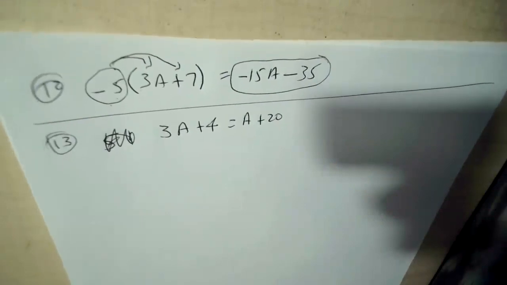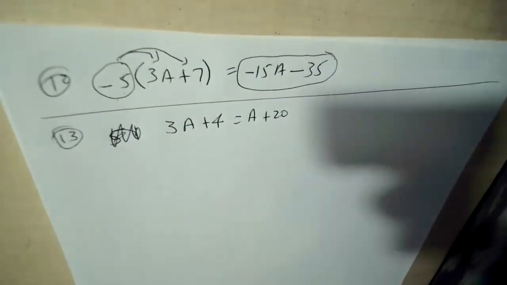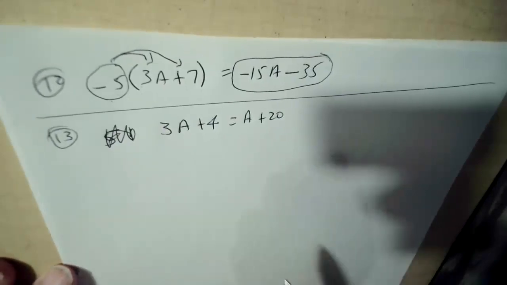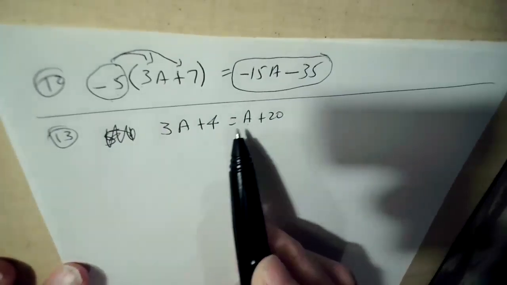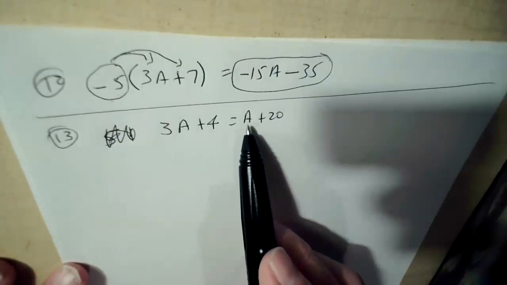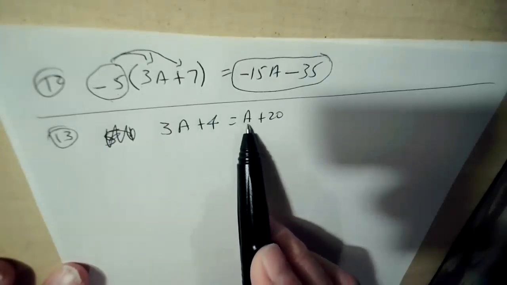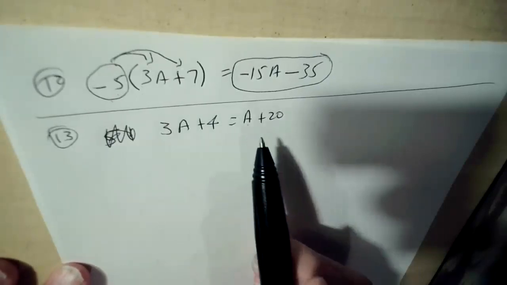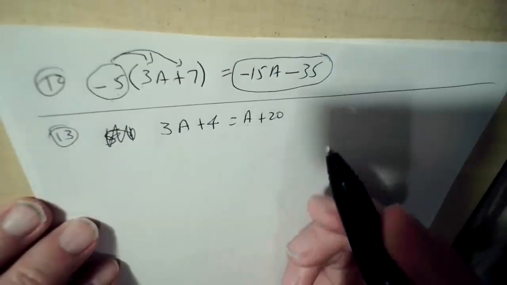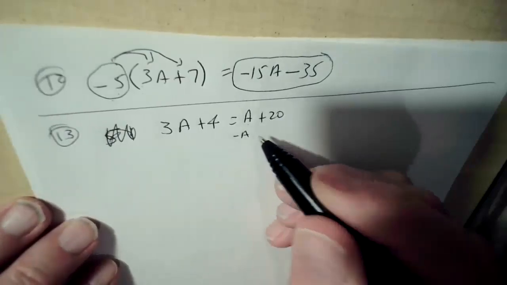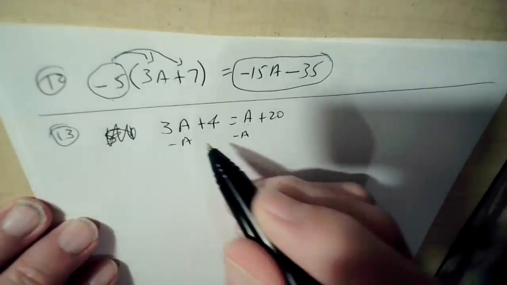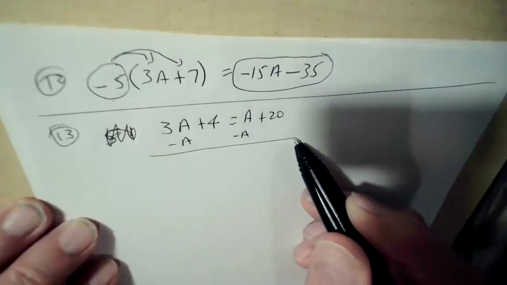Now remember, it really doesn't make any difference what you do here, but this will make it easier on yourself. Move the variables first, and take the smallest to the biggest, like a load of bricks. Move 1 brick. What do you want to move, 1 brick or 3? Remember, we're lazy mathematicians. We're going to subtract this a here, subtract this a here.